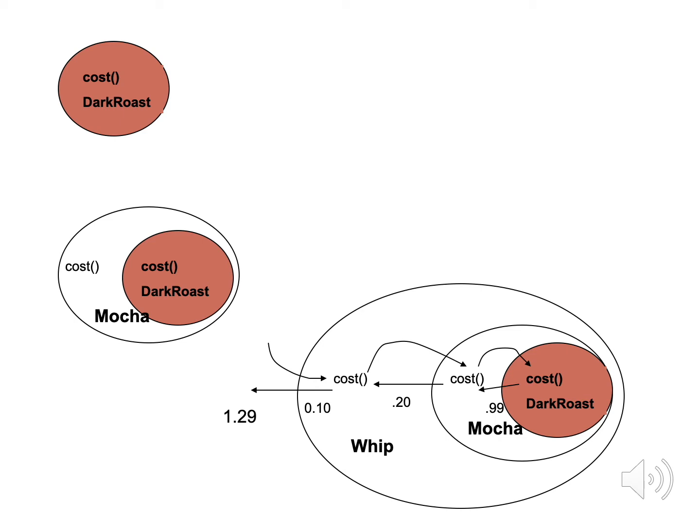Similarly, when another decorator item, whip, is requested, the existing coffee with the mocha object is wrapped again inside the decorator class, and the cost is now the combination of dark roast, mocha, and whip.